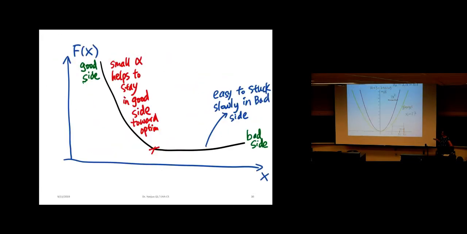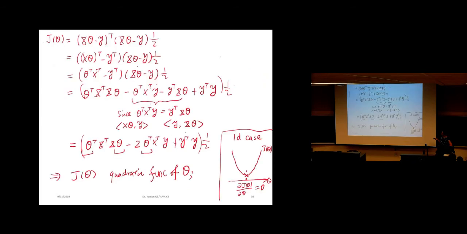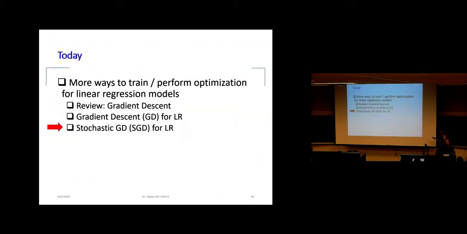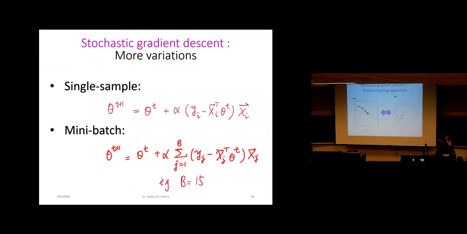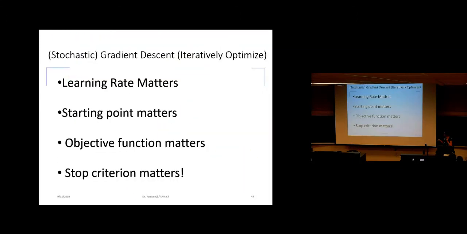Okay, so we talked about all those things you need to care about: starting positions, the learning rate, and the shape of your objective function. And the last thing I want to mention is, how do you decide to stop?